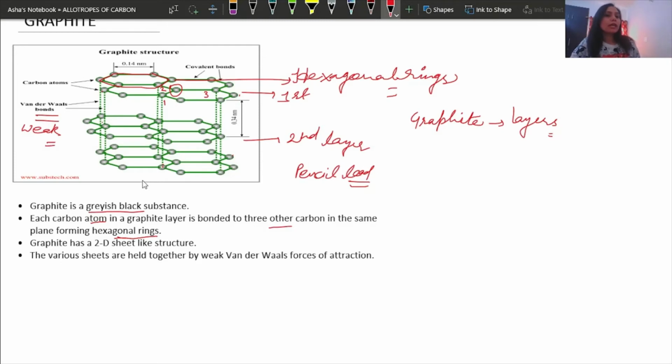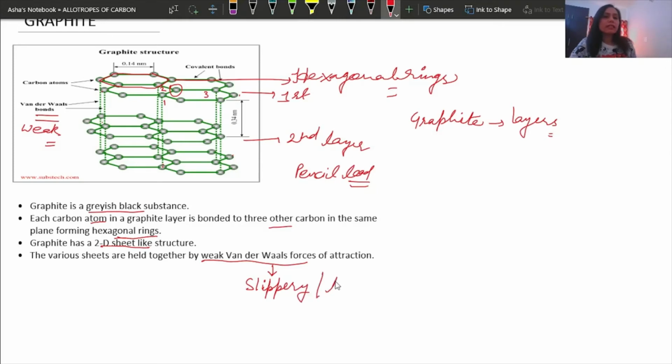First of all, this layer arrangement of carbon atoms makes it a 2-dimensional structure, and second point is that they have weak van der Waals forces between the layers. Because of the weak van der Waals forces, the structure of graphite is slippery.